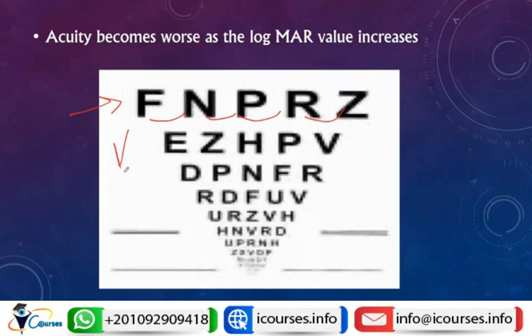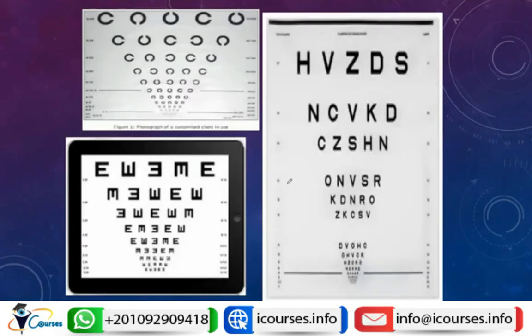As we go down, the letters decrease in size, but there are always the same 5 letters in the line, and the ratio or the space between each letter and the other is proportionate to the first line, the second line and the third line, so they decrease by the same ratio. There are different examples of the LogMAR chart. It can be made with C chart or E chart or letters.